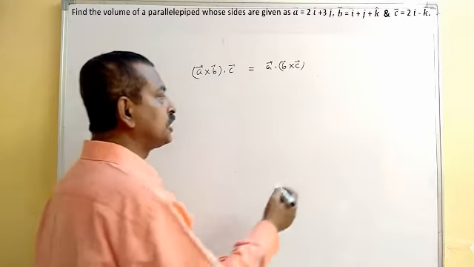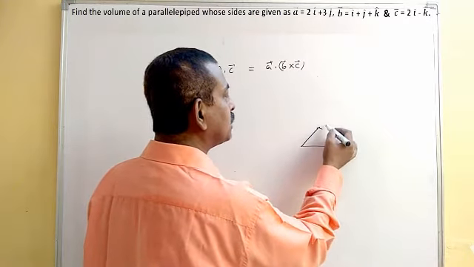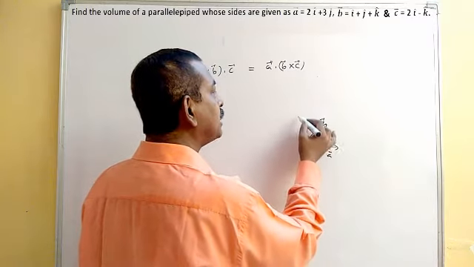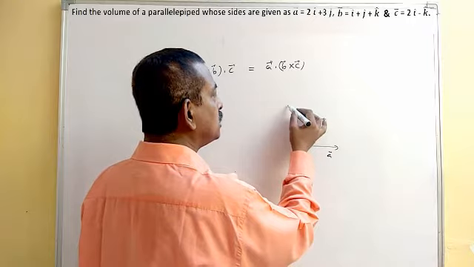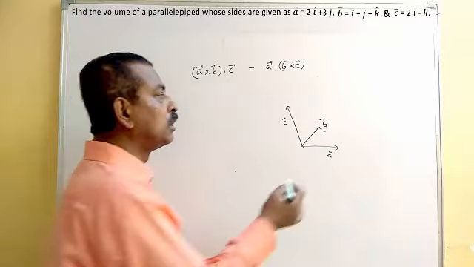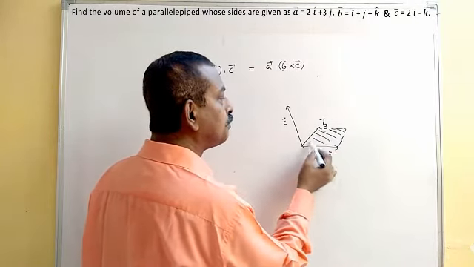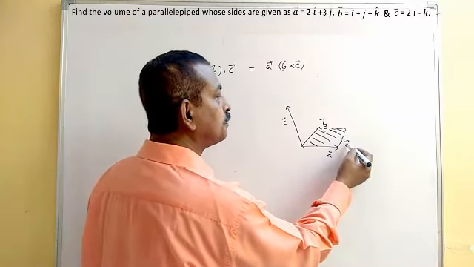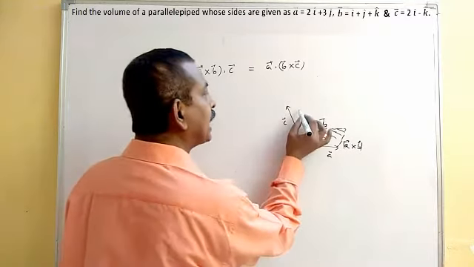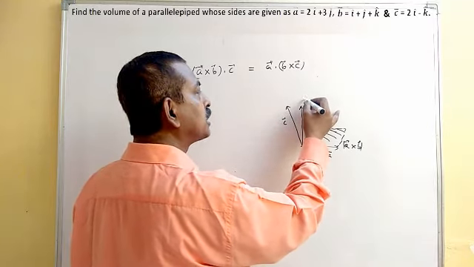Because if you consider that the three vectors are there, which we are representing as vector A, vector B, and another vector, suppose it is vector C. A cross B will give you the area of the parallelogram, that is A cross B in magnitude. And what will be its direction? Its direction will be perpendicular to the plane containing these two vectors.